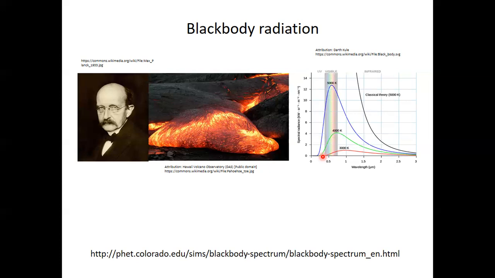It actually glows before that, but you can't see that electromagnetic radiation because the wavelength is too long. We are in the IR, and at even lower temperatures, we are even in the microwave region.